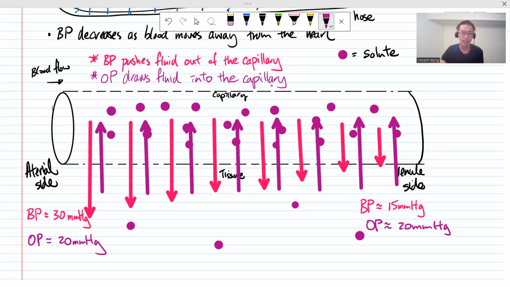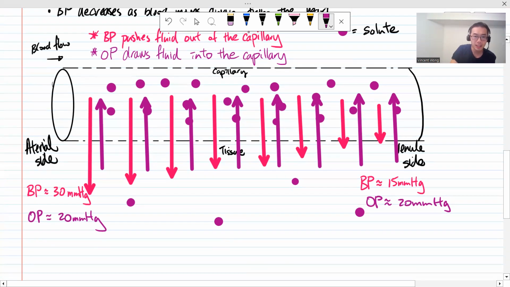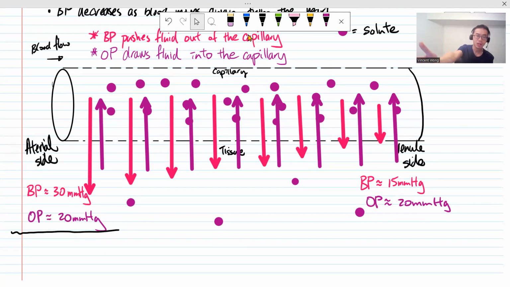Okay, so that takes us to the next point. If we combine these pressures, we have 30 mmHg pushing things out. We have 20 mmHg bringing it in. So think of this as a tug of war. Which is stronger? Well, the red arrow is longer than the purple.